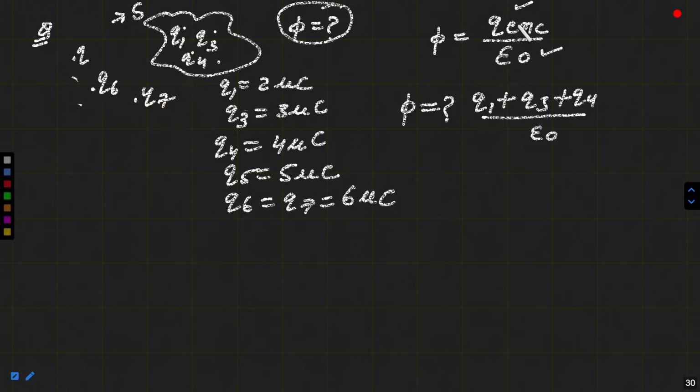According to Gauss's theorem, total flux is total charge divided by epsilon naught, with Q1, Q3 and Q4. You know Gauss's theorem: phi is equal to Q enclosed divided by epsilon naught, so Q enclosed is Q1, Q3, Q4. Clear? Yes or no?